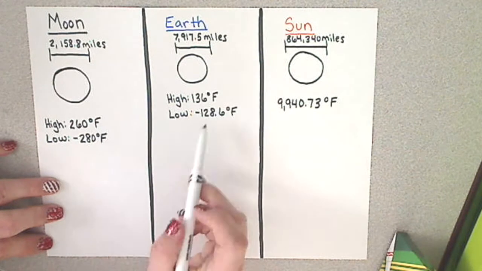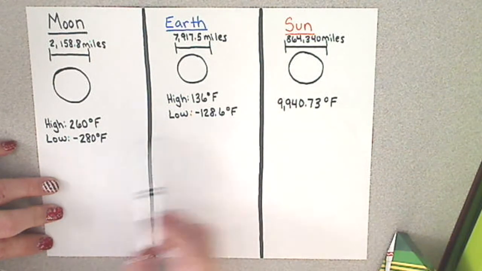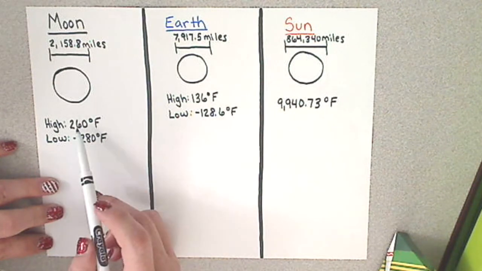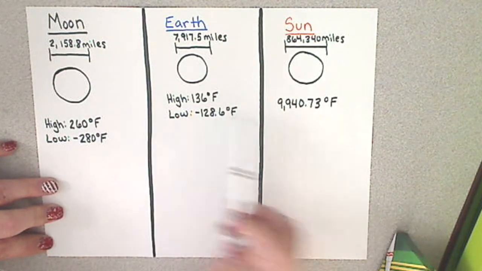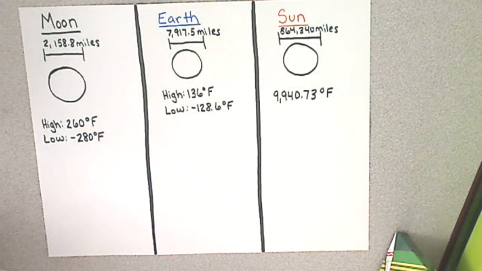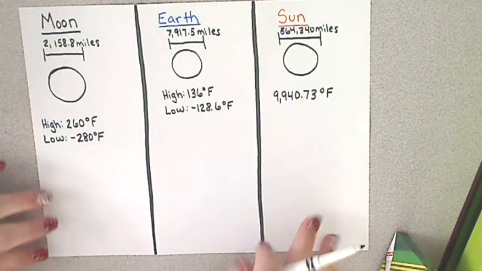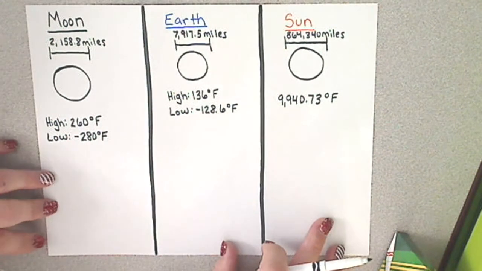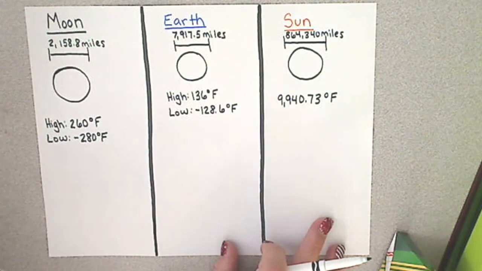So just looking at these, the lows are more extreme on the moon. The high is more extreme on the moon. And then you go to the sun, and it's just psychotically hot. That's insane. Completely insane. You wouldn't be able to get anywhere near it without basically no longer existing.